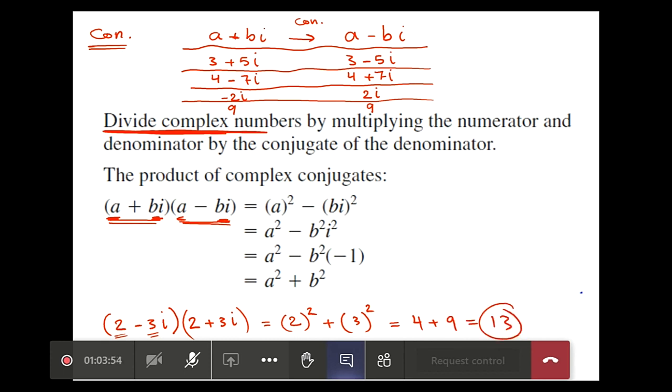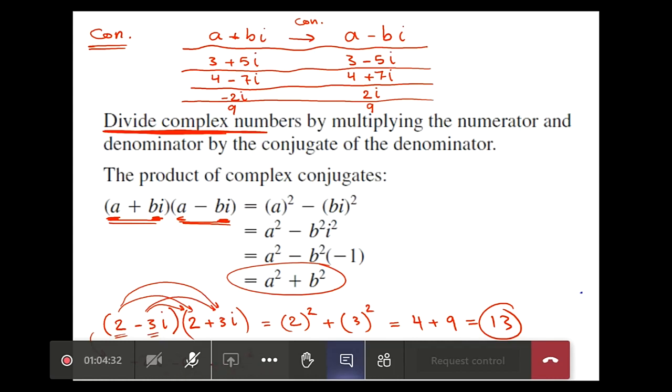Okay, look at this. If we multiply the number and the conjugate in the traditional way, without these laws: 2 multiply 2 is 4, 2 multiply 3i is 6i, minus 3 multiply 2 is minus 6i, minus 3 multiply 3i, we have minus 9i square.